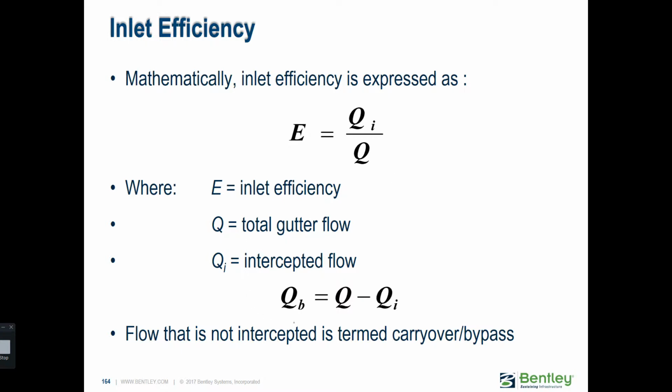And whatever does not get intercepted, we call bypass flow or carryover flow. So you want an inlet that is as efficient as possible so that you're not just passing all the water on the surface. When we're doing the design, we can set, okay, I want you to pick an inlet that at least has X percentage of efficiency.